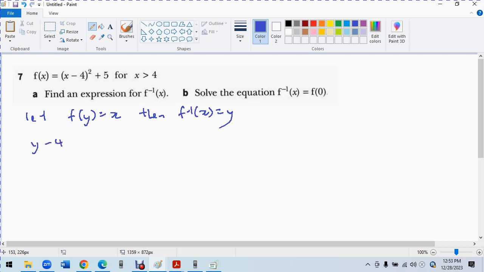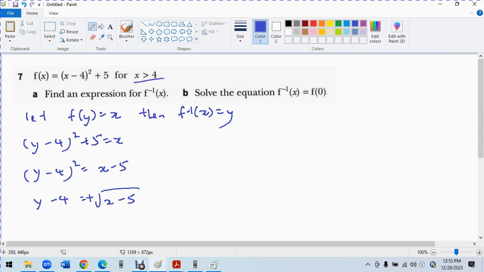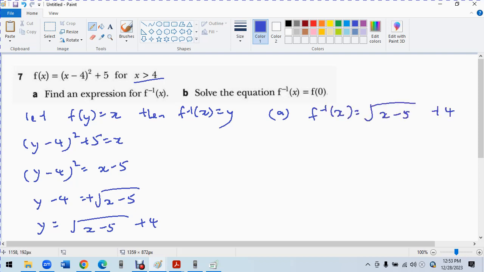So (y minus 4) squared plus 5 equal to x, (y minus 4) squared equal to x minus 5, y minus 4 equal to square root of x minus 5. So plus only, because of this one. Okay, so y equal to square root of x minus 5 plus 4. So for A, the f inverse of x will become square root of x minus 5 plus 4.